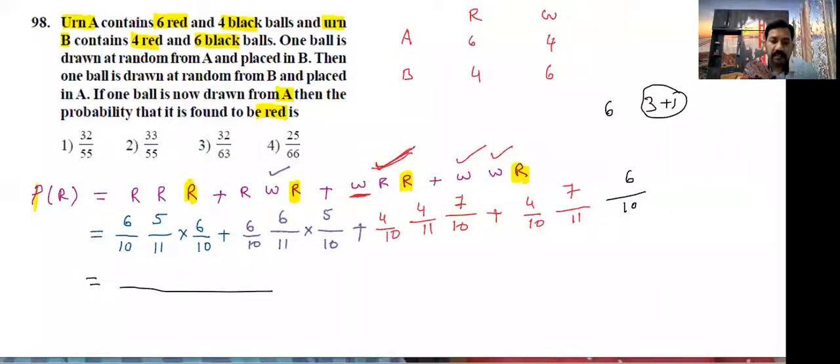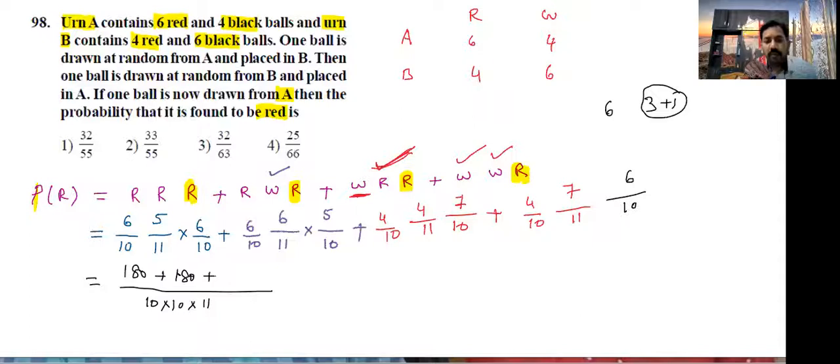What is the LCM? 10 into 10 into 11. This is the LCM. Numerator, 6 5s are 30. 30 into 6, 180. Plus, this is also 180.